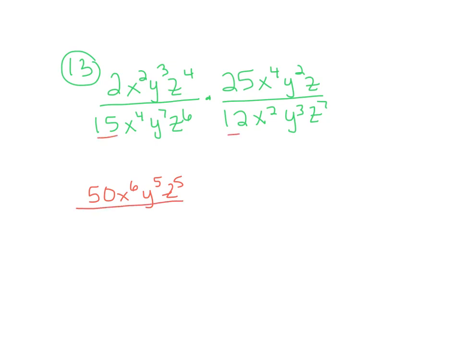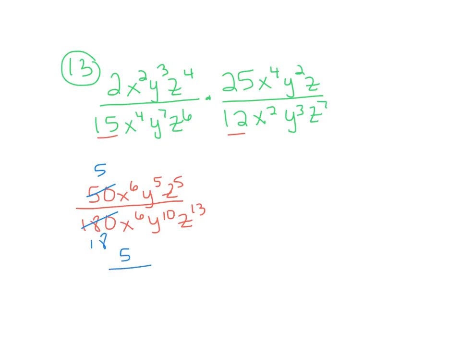Denominator, I did 15 times 12. So I did 180, x to the 6th, y to the 10th, z to the 13th. All right, and then from here I just did like all the other problems. Now I started canceling. Okay, the 50 and 180, obviously I canceled that down to be 5 over 18.